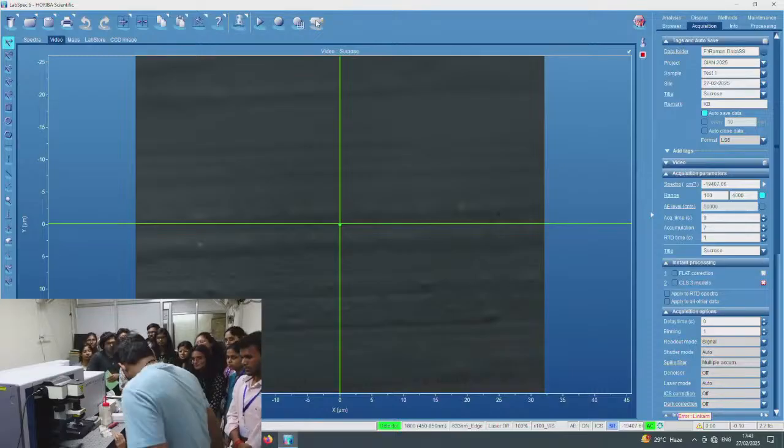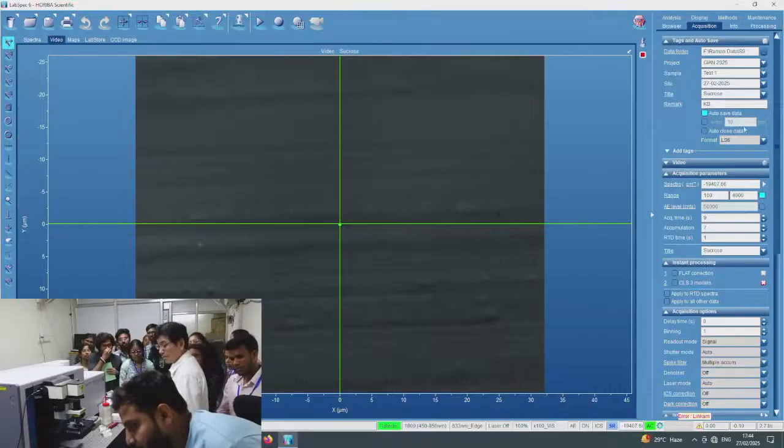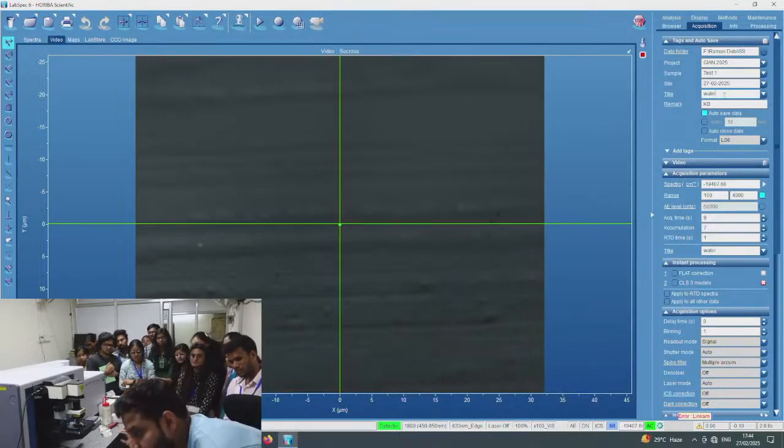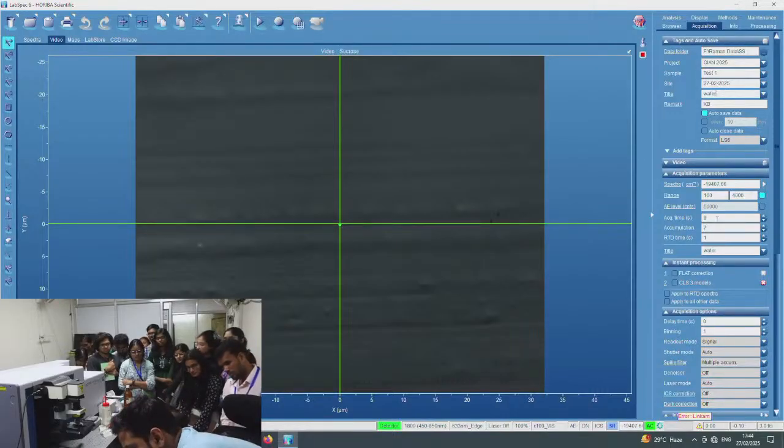So what will be the measuring range? From 100 to 4000. Accumulation time: a typical value is 9 or 10 seconds.